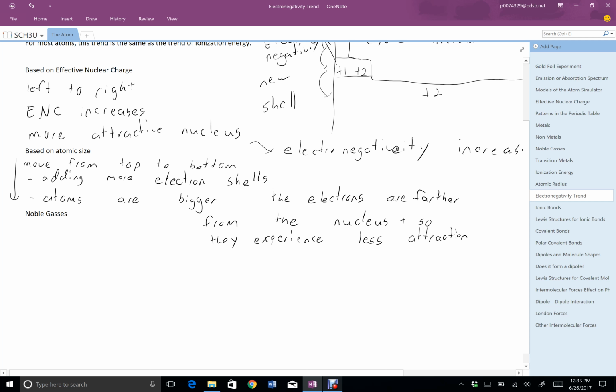This means as we go from the top to the bottom and we get bigger, we have less attraction, which means the electronegativity, or how much they attract those electrons, gets lower.